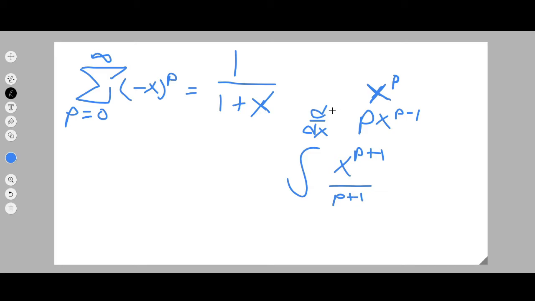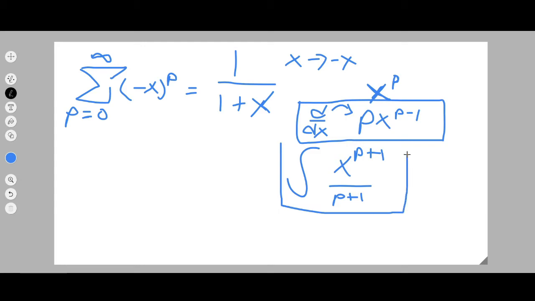And those are valid transformations, just like how we transform x into negative x. We transform x to the p into p x to the p minus 1 and x to the p plus 1 divided by p plus 1. We're doing the same changes here. And so which one do you think we're going to use? The derivative part or the integral transformation?